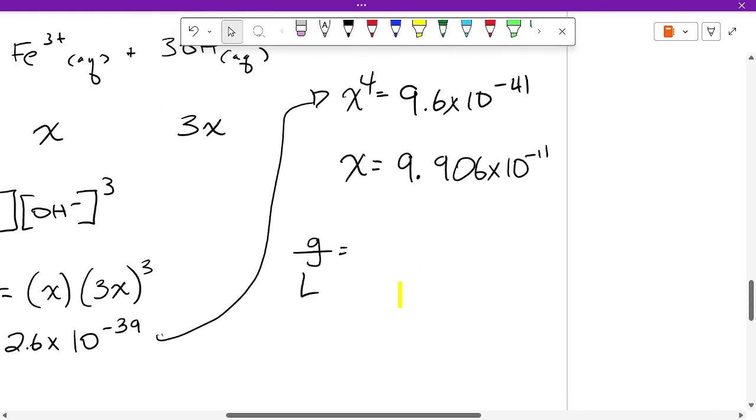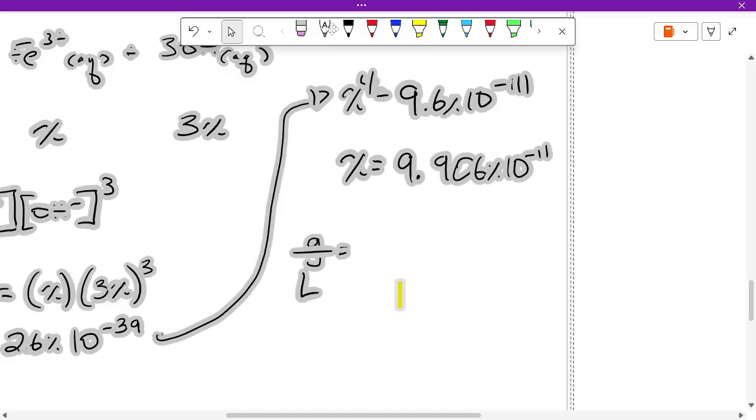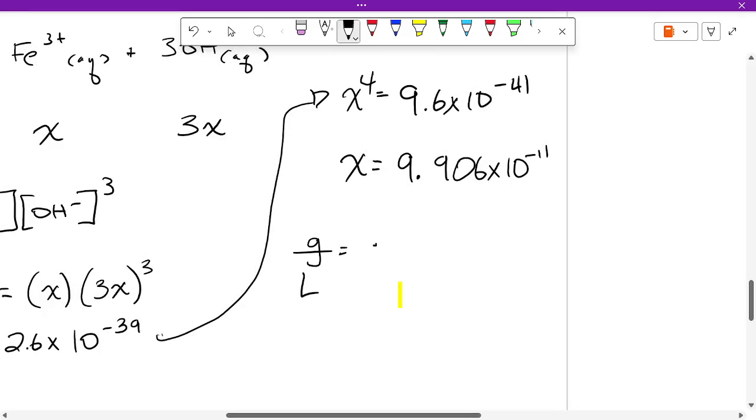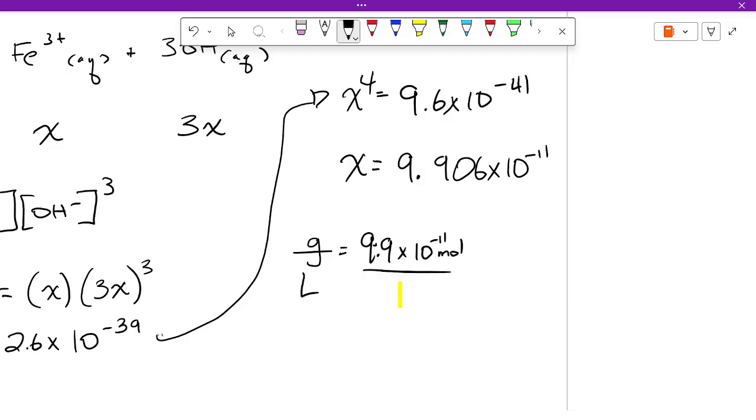Did you guys get x equals 9.906? Everyone okay with how to take a 4th root on your calculator? If you're not, call me over. I can help you with that.